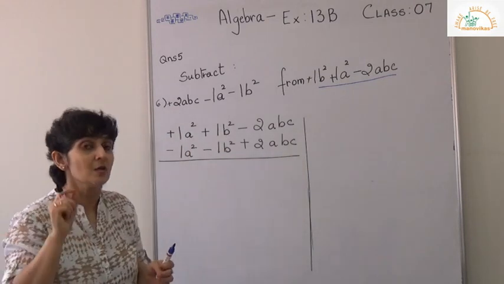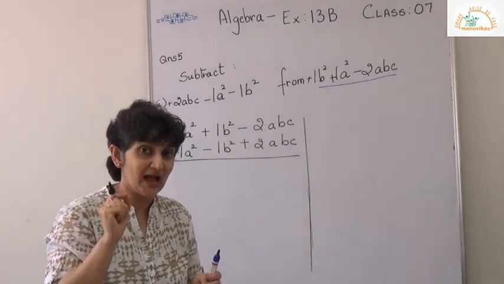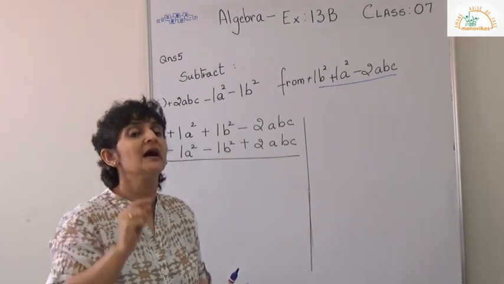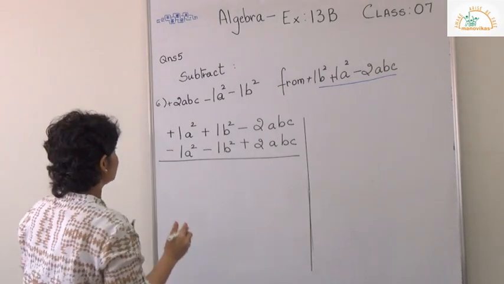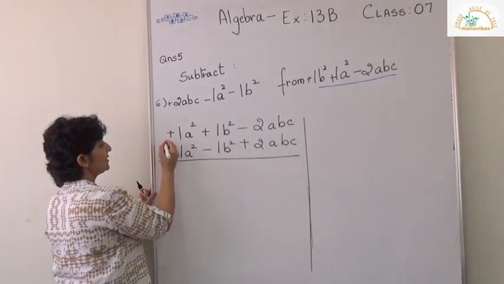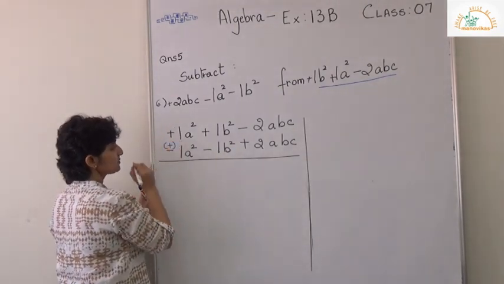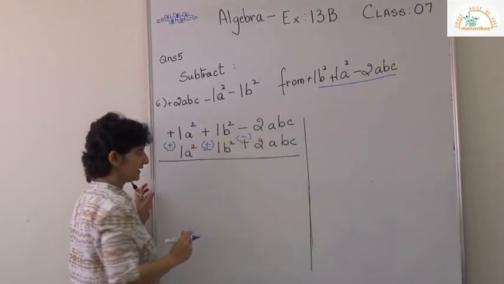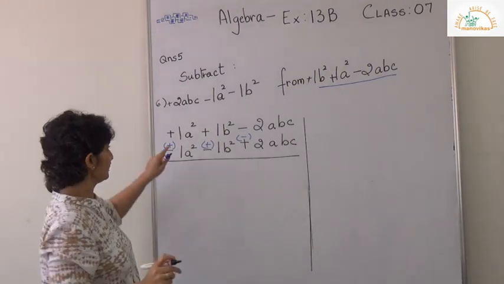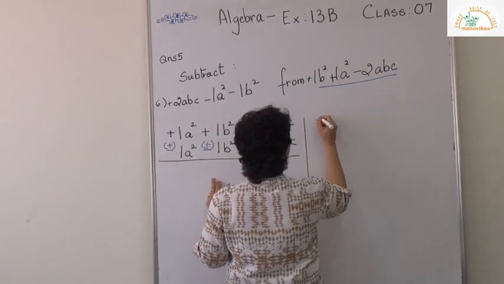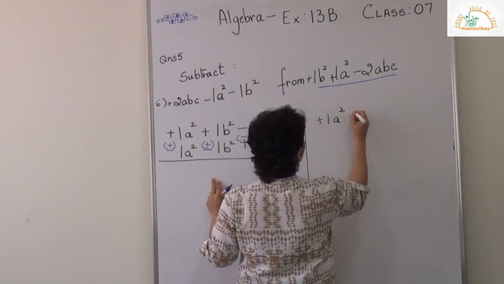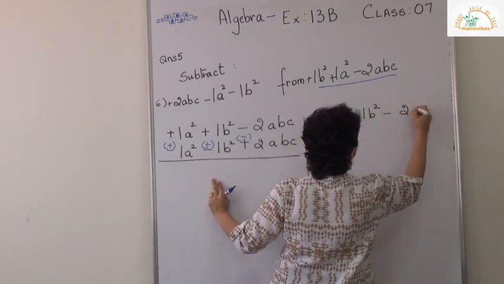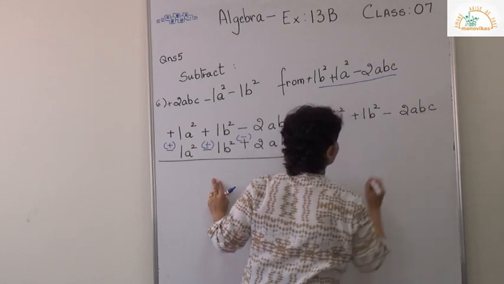Alright, what did I say? We are subtracting, and whenever we subtract in algebra, what should I do? I need to change the signs of the lower number. So this becomes plus here too, and this becomes minus. Let's rewrite, children. So I get plus 1A squared plus 1B squared minus 2ABC.